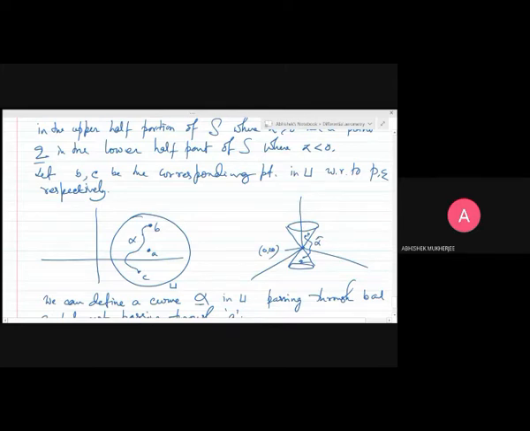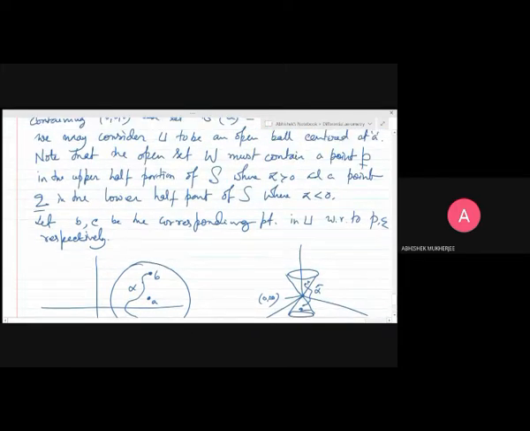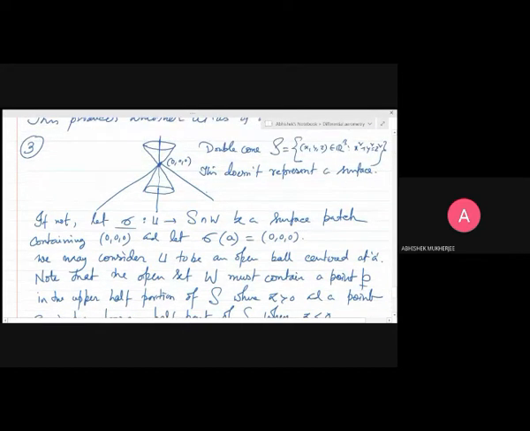Which is not possible because you are assuming that sigma is a surface patch, so the image will be contained in the double cone intersection W.